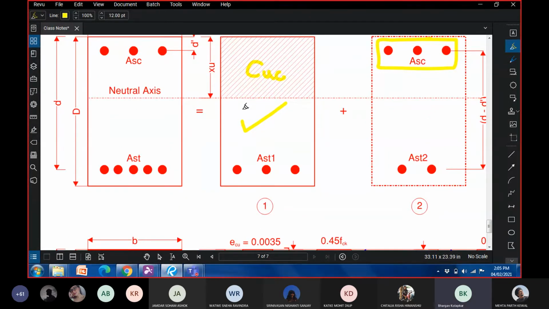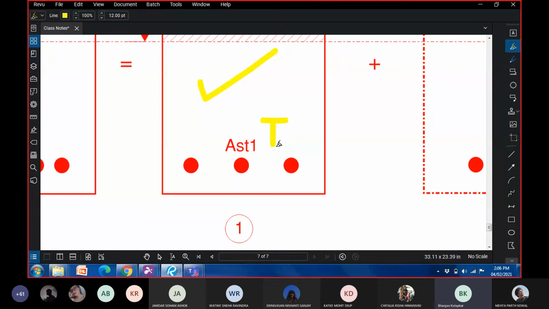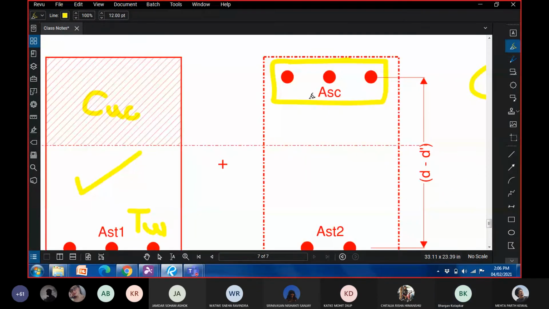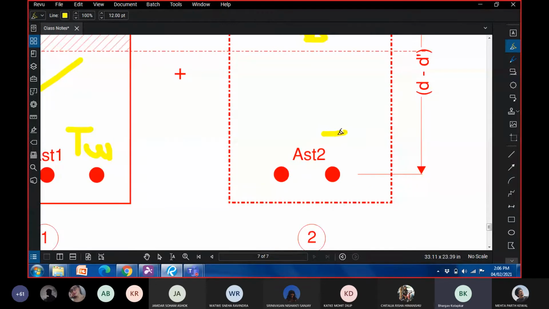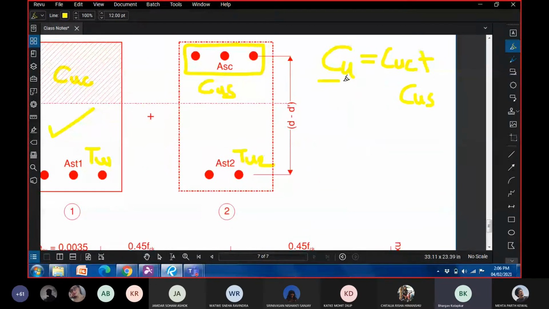So concrete resists CUC and this steel resists TU1. Compression steel resists CUS and the steel that corresponds to the compression steel resists TU2. So our total compressive force is equal to CUC plus CUS and our total tensile force, TU, is equal to TU1 plus TU2.